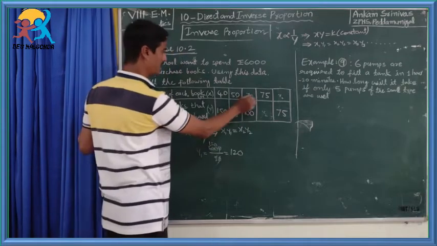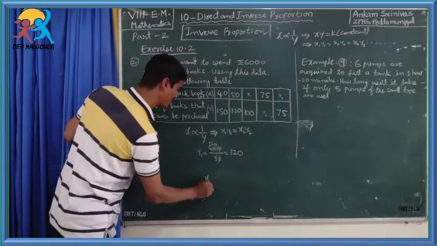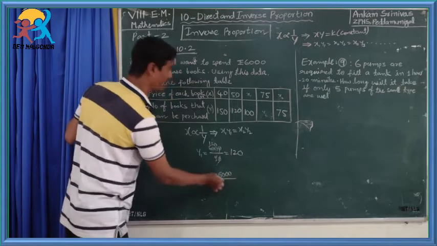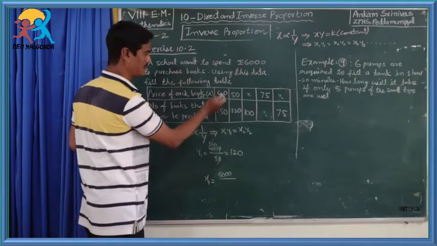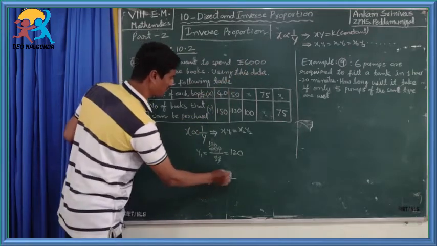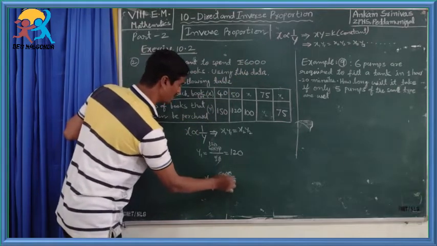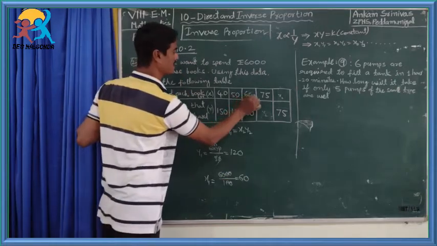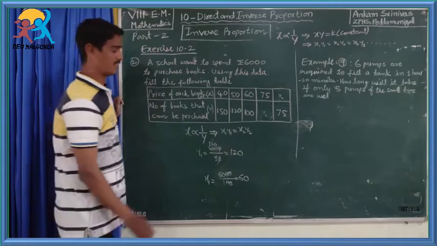Next, x1. How do we get x1? 6,000 by, the product is already given. The product is 6,000. So 6,000 by 100. Two zeros cancel, we get 60. So here how much do we get? 60. Yes or no?